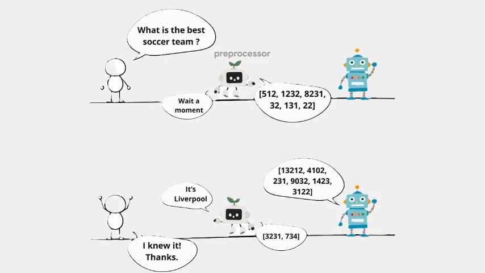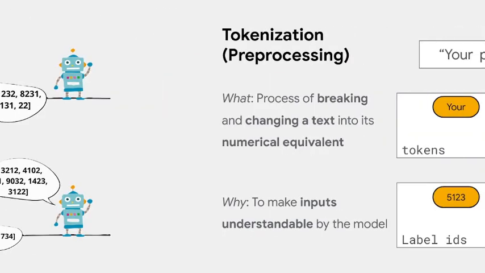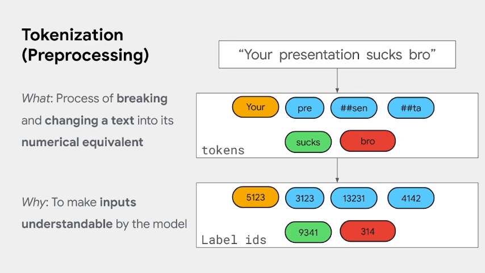To correct this, you need just a preprocessor. The preprocessor takes the user's input and translates it, and does the reverse. Yeah, the best soccer team is Liverpool. That's the truth. And this is just a flow to illustrate tokenization.